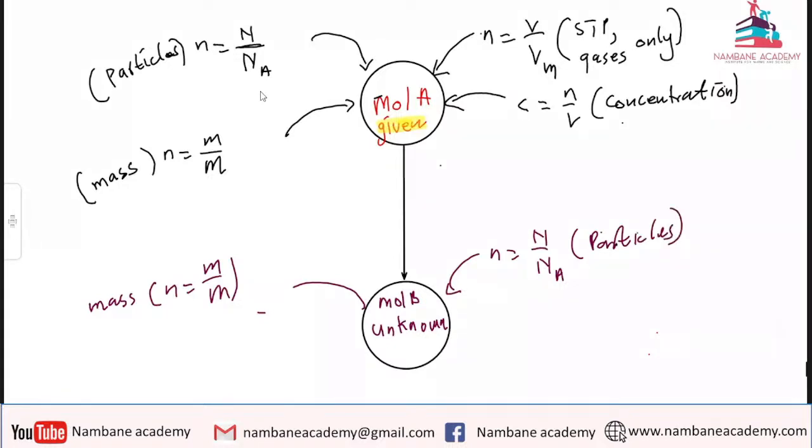Can I get the concentration? Yes, C equals n over V. Can I get the volume? Of course, n equals V over Vm, and this will assist us for the volume.